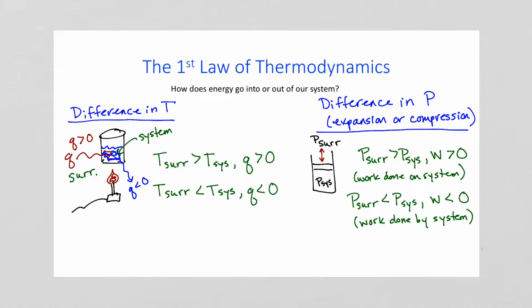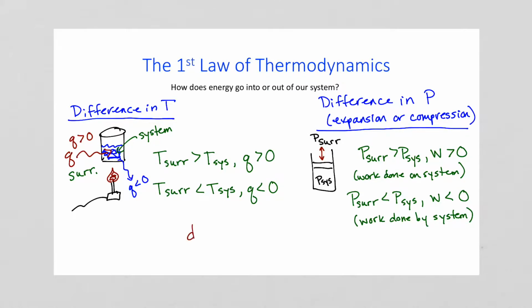If we want to account for all of those options, we can do that with a nice equation, our differential equation for our energy. We would write that as very small, or infinitesimal, changes in internal energy. We designate those small changes by that little d notation.